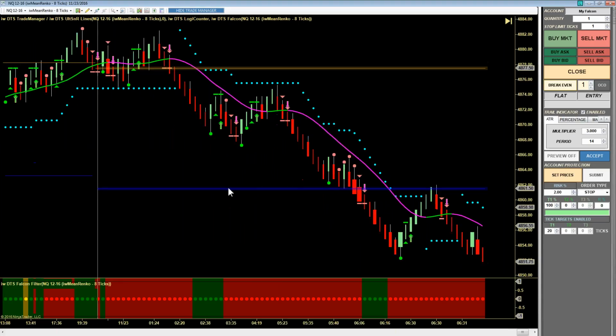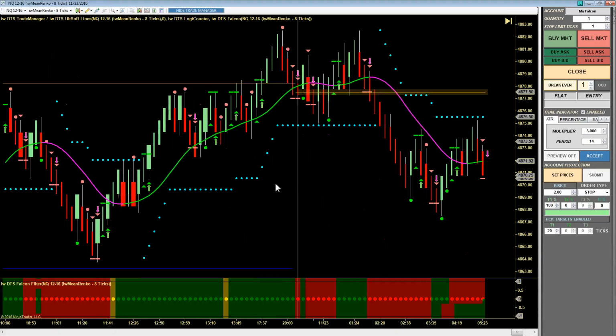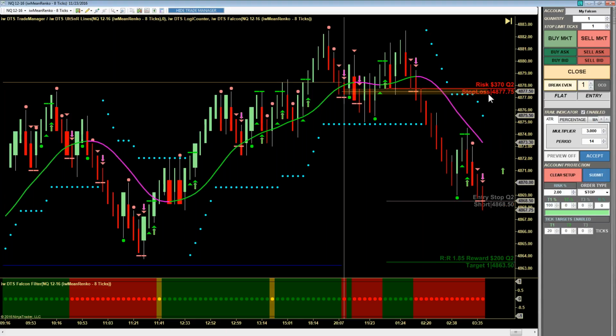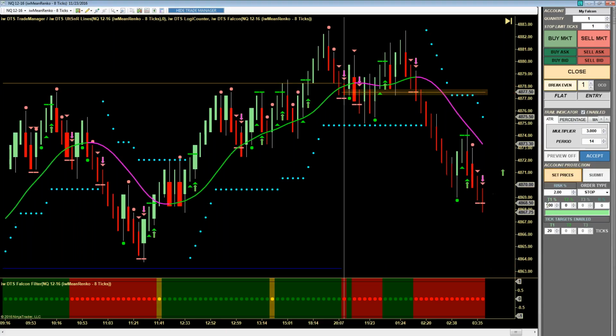So for instance, here in this signal, this is what we call a trend change signal. Let's say I took this trend change signal, and let's say I decided to place my stop above the median line. That's that gold line that you see right there. Now, currently I'm all in, all out on target, but let's say, here, I'll change it.